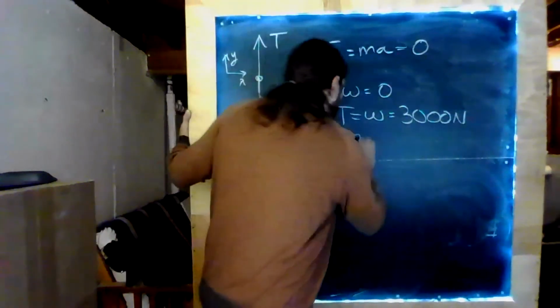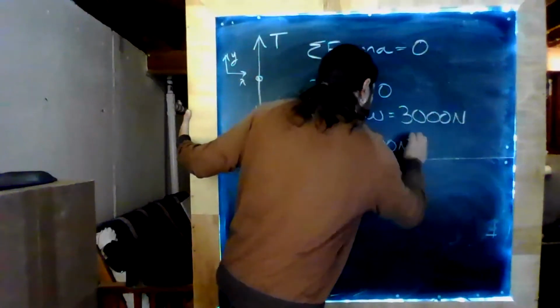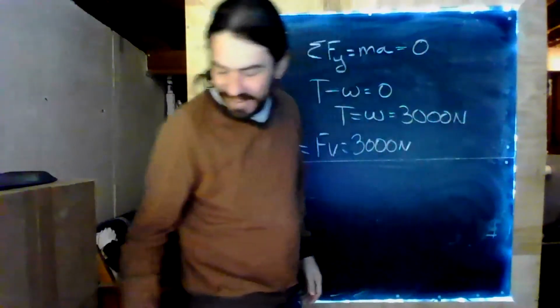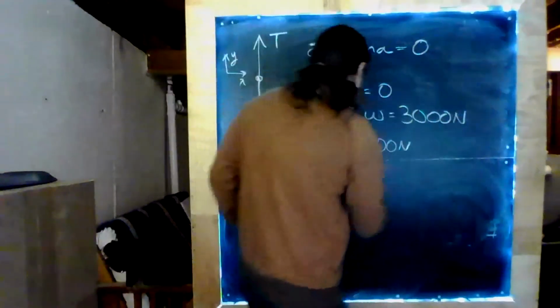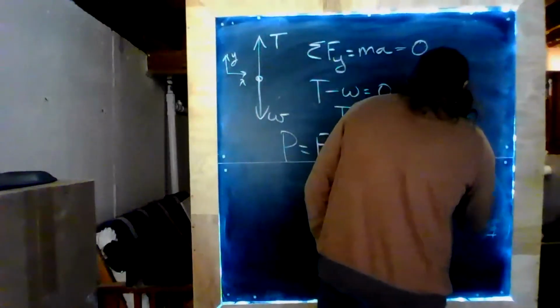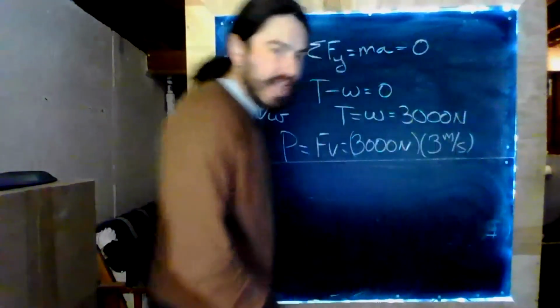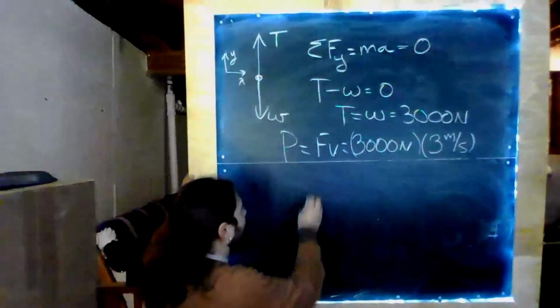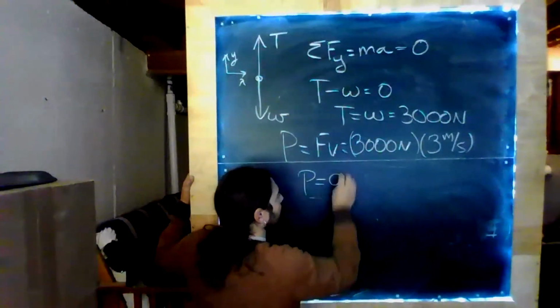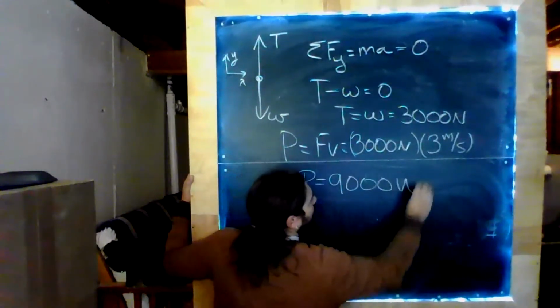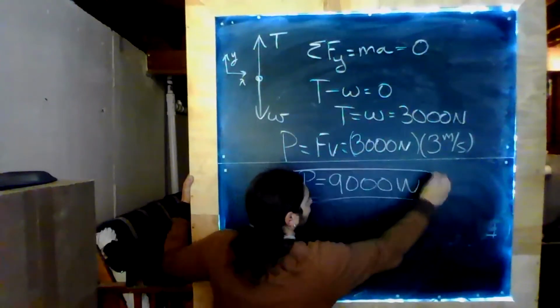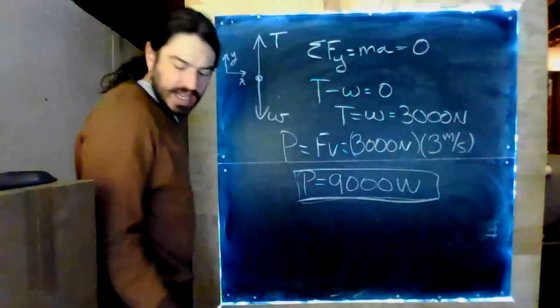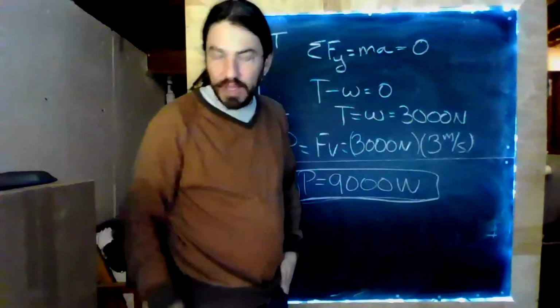So we have our tension of 3,000 newtons, and we have our velocity, 3 meters per second, and that gives us a power of 9,000 watts. Again, 9,000 joules per second.